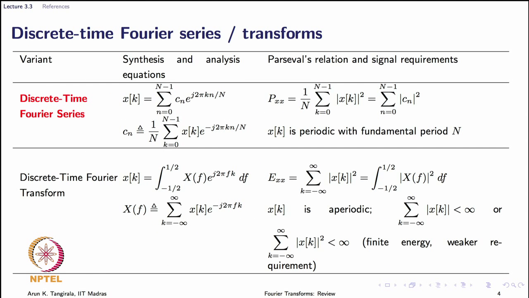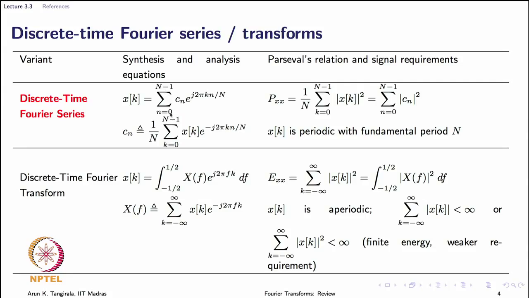So, just to now put things in perspective, I have the discrete time Fourier series in this top row, which is the focus of the discussion in this module. Here you have the synthesis equation. As I mentioned earlier, you have a finite summation, unlike what we had in the continuous time Fourier series case. The index that keeps track of frequencies is this small n, which runs from 0 to capital N minus 1.